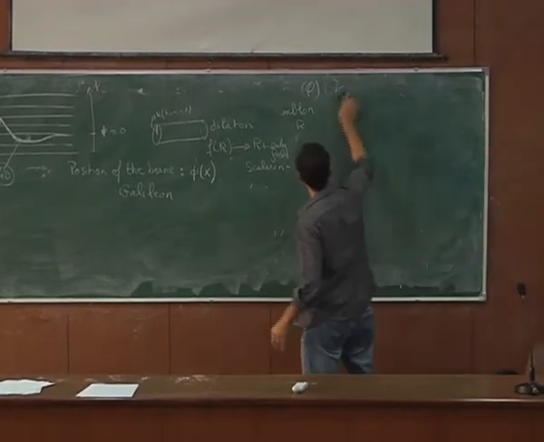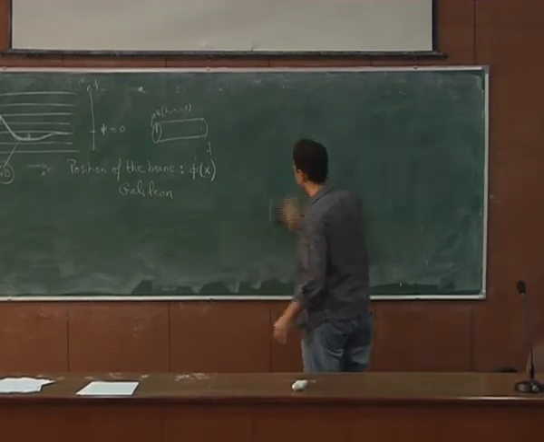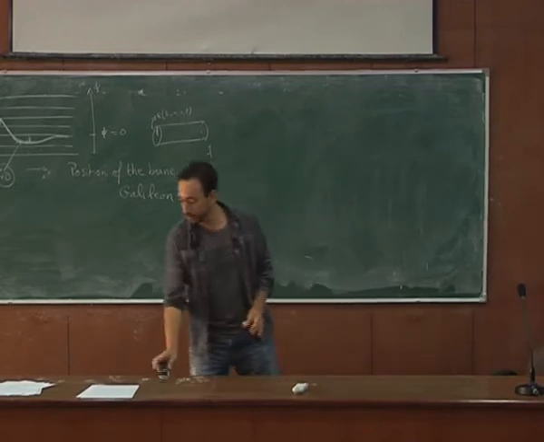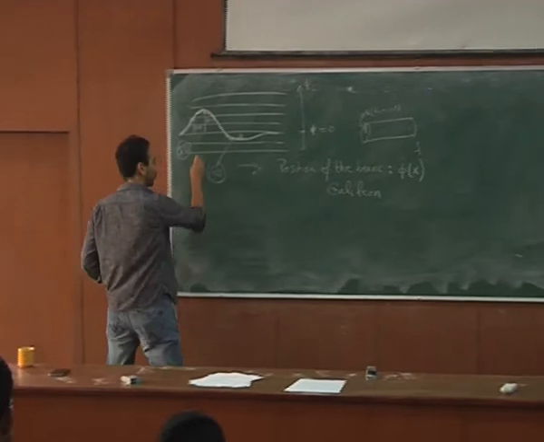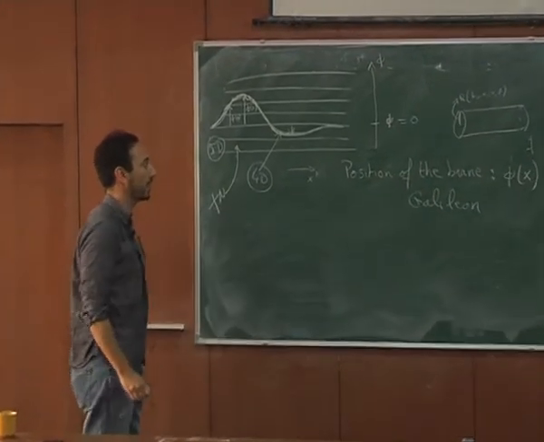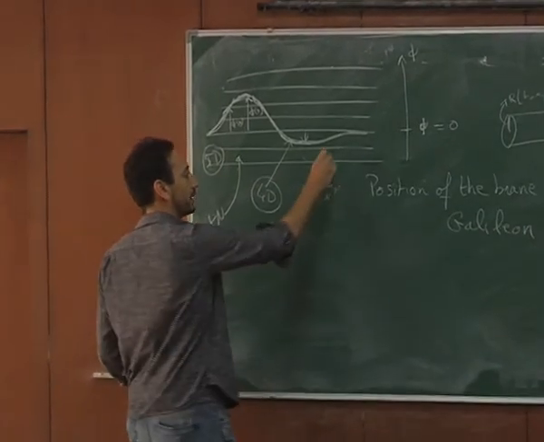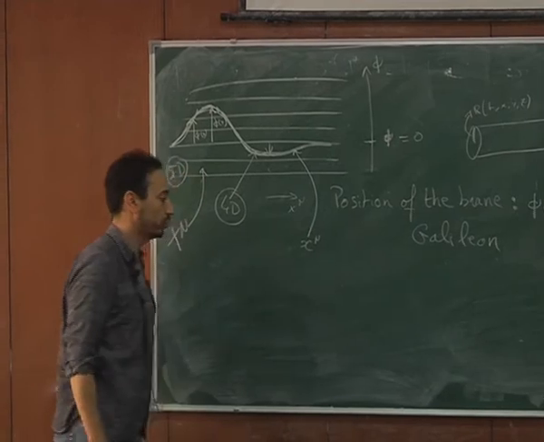It's not completely rigorous, but it's fine enough actually to understand what it means. So let me say that we have some coordinates in 5 dimensions that I will call capital X mu. And the coordinates of the brane, I will call them small x mu.